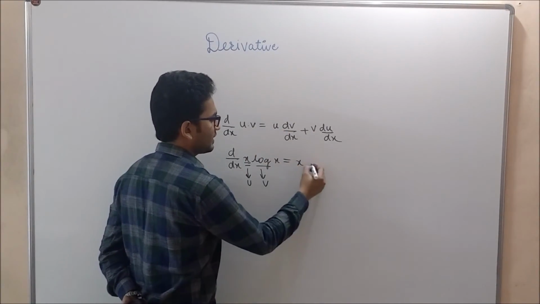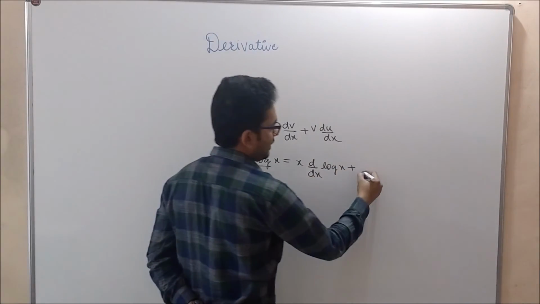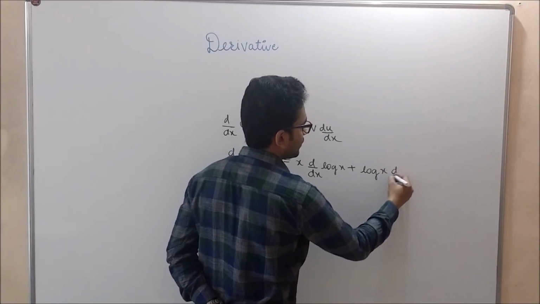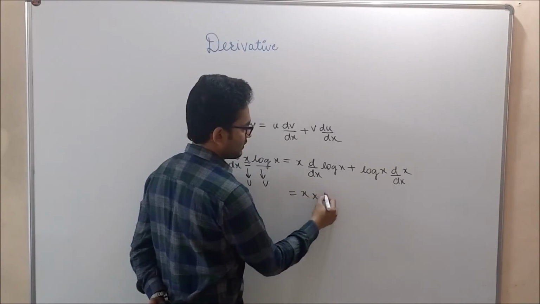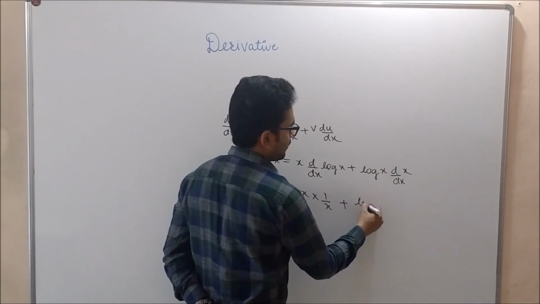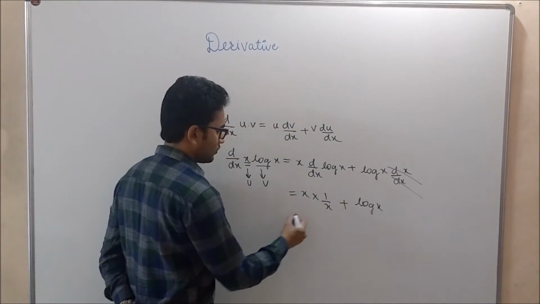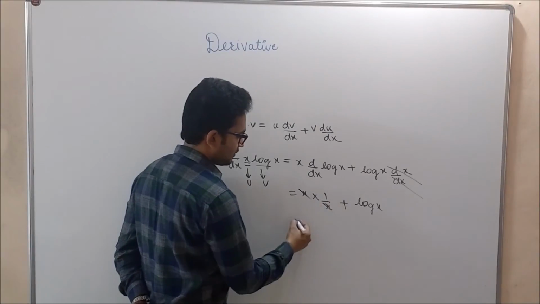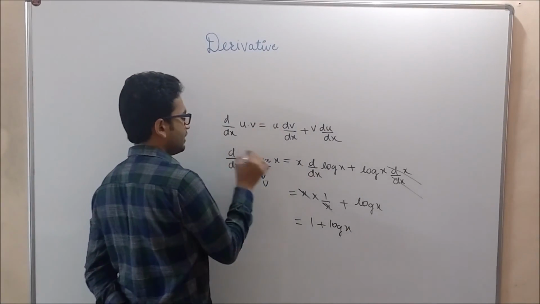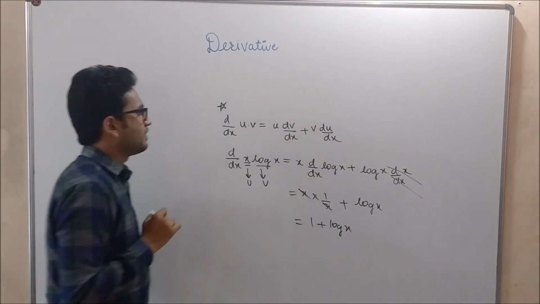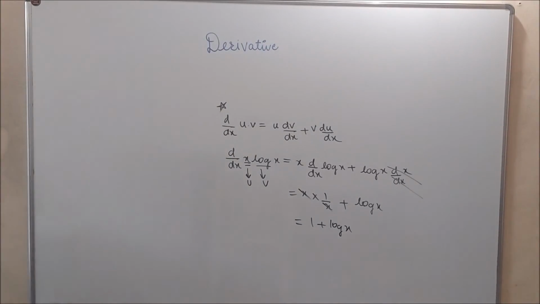Instead of u, here it is x, d upon dx of v, v is log x, plus v, that is log x, into derivative with respect to x of x, which is equal to x, derivative of log x is 1 by x, plus log x, derivative of x is 1. Or directly you can simply cancel those things. x into 1 by x is also equal to 1. So finally the answer is 1 plus log of x. Very important formula. This is the seventh formula here, right?